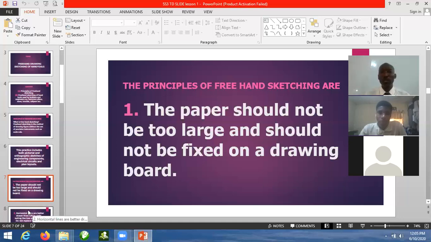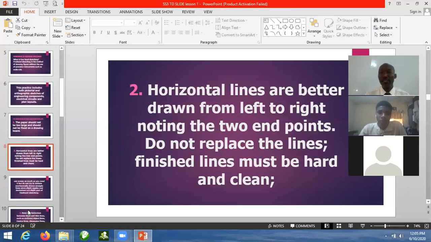The second principle is about horizontal lines, because freehand sketching has to do with lines. Horizontal lines are better drawn from left to right. When you are to draw a figure that entails horizontal lines, it is advisable that you start from left to right, noting the two end points.